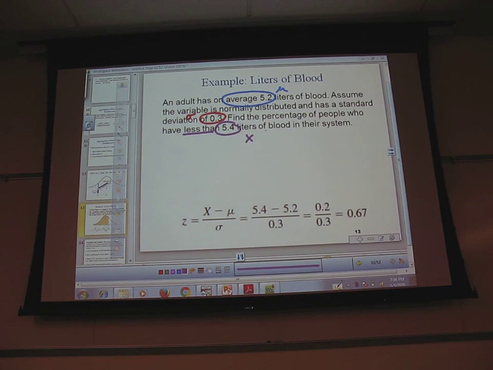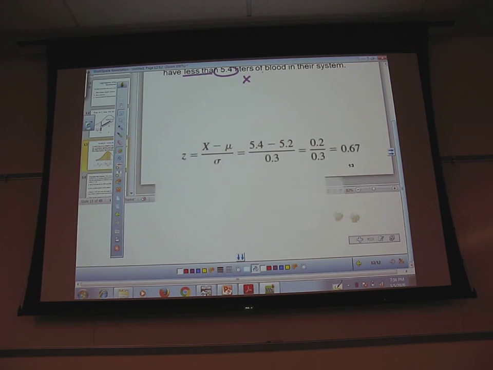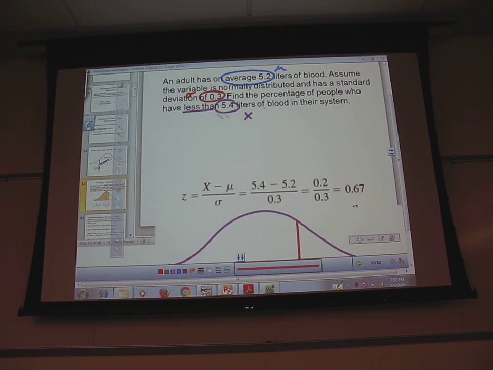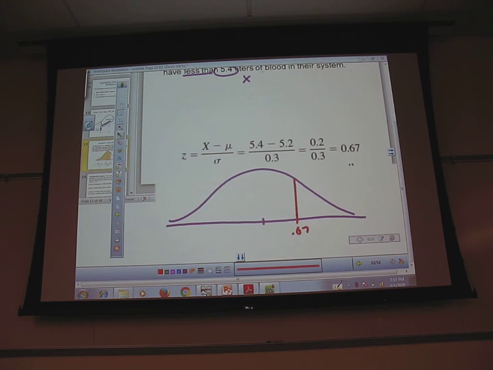Then I will draw a picture. Draw my little hill, draw the line across the bottom, put just a tiny tick mark in the middle for my mean. Then, where does 0.67 go? On the left or the right? Right. Draw a line up. And what do I want? Less than. So is that the left or the right? Left. Good. So we're going to shade over there.